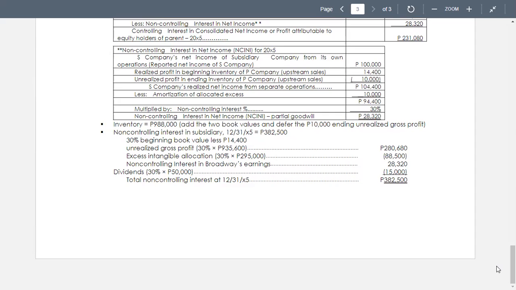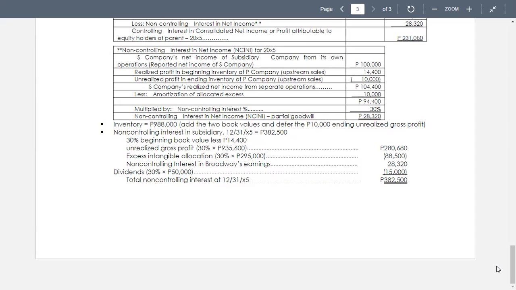Pine Company owns an 80% interest in Salad Company and a 90% interest in Tuna Company. So meaning there are 2 subsidiaries. During 20X3 and 20X4, intercompany sales of merchandise were made by all 3 companies. Total sales amounted to 2.4 million in 20X3 and 2.7 million in 20X4.